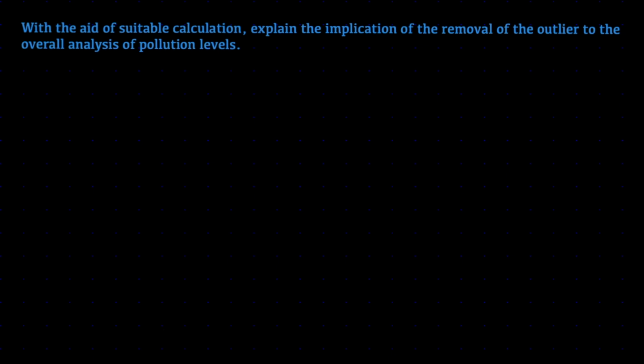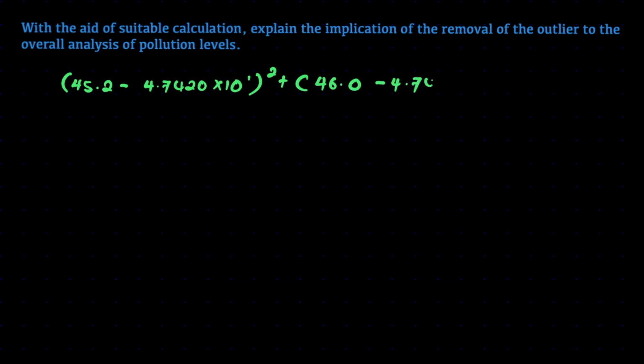The next thing that we need to do is find the standard deviation. The standard deviation for the one before removing your outlier is the same concept: 45.2 minus your mean, 4.7420 times 10 to the power of 1, squared, plus 46.0 minus 4.7420 times 10 to the power of 1, squared, plus the rest of the numbers.